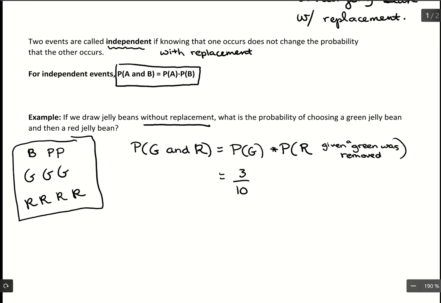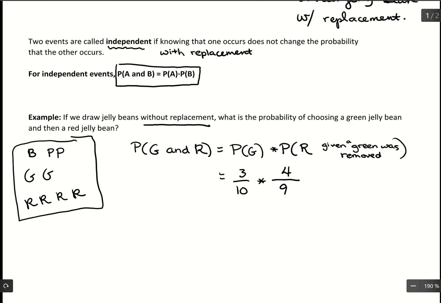So if we look at our sample, what's going to happen is we remove one of those green jelly beans. So now we have 1 blue, 2 purple, 2 green, and 4 red. So we take our 3/10 for our probability of a green, and we multiply with this probability of choosing a red jelly bean given a green was removed. So for our numerator, the number of red jelly beans, we have 4. But what changes is our denominator because now we only have 9 jelly beans to choose from.